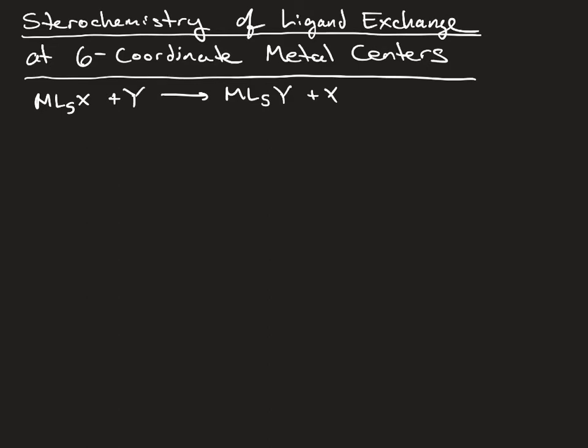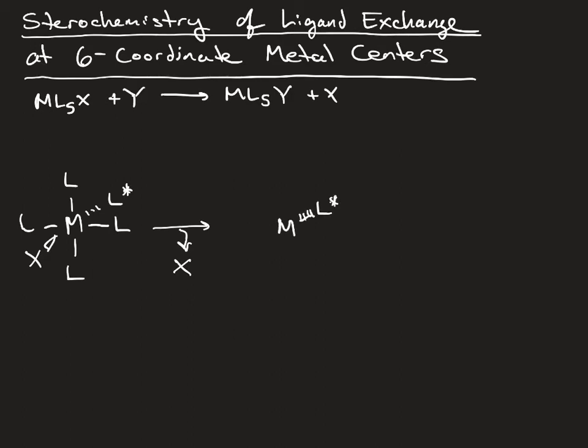So starting with that, I'm going to label one of those L ligands just so we can follow it. We have this species, which is going to lose that X ligand, forming this square pyramidal compound.